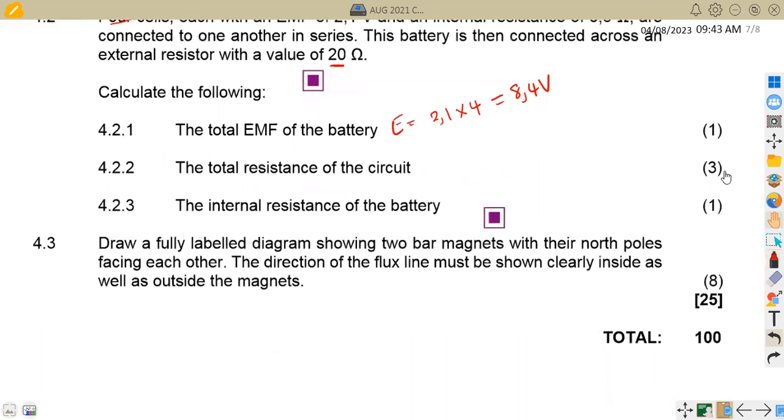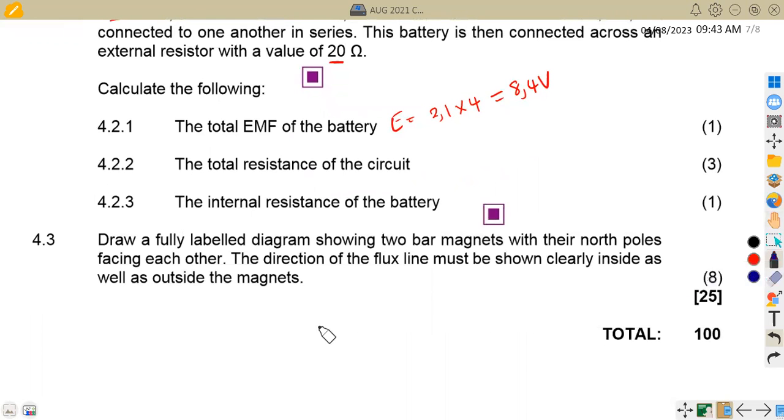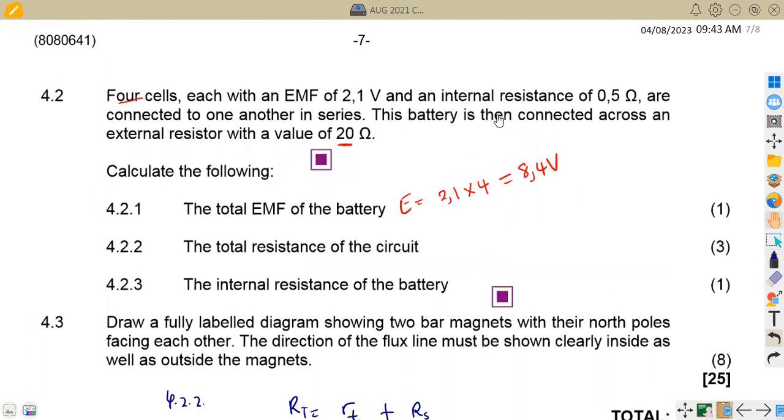So for us to have this total resistance, we are going to have the total resistance of the internal resistors plus the series connected resistor of 20 ohms, which is the external resistor in this case.